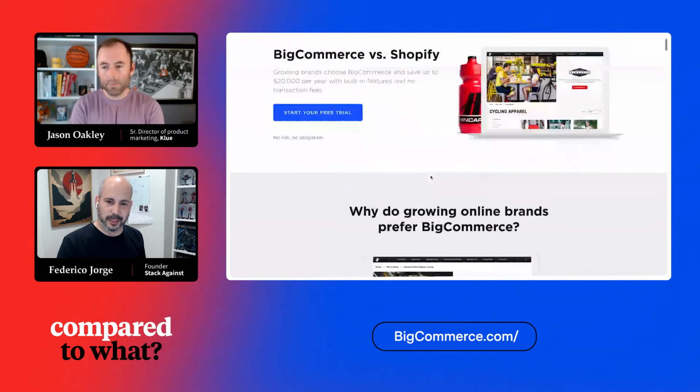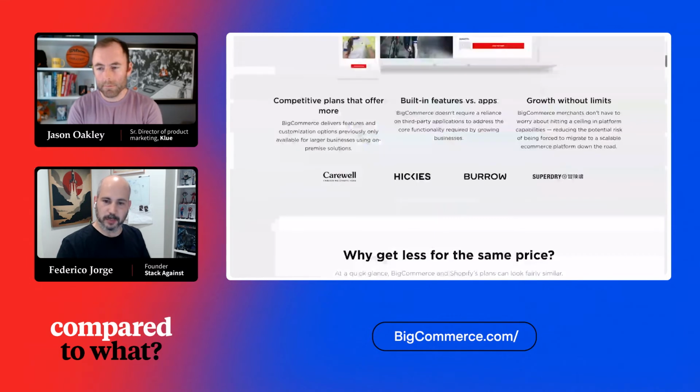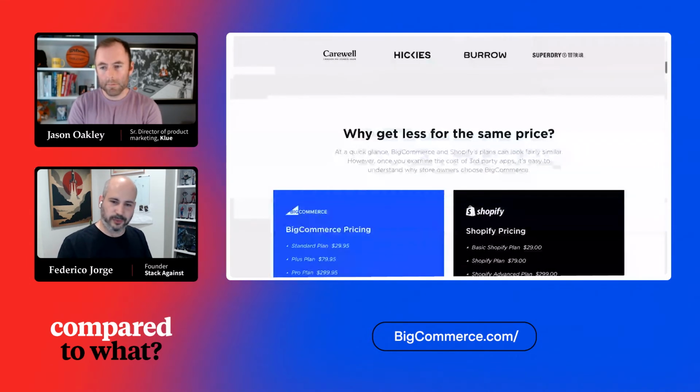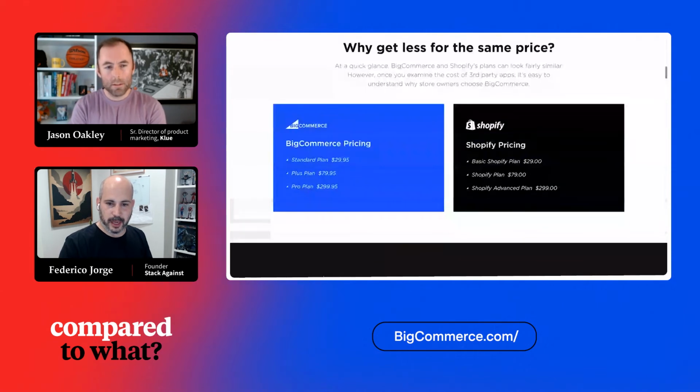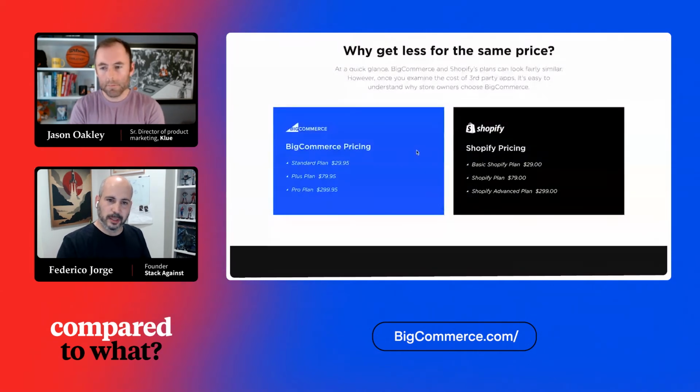So I think some of the elements on this page are more optimized for SEO than for conversion. For example, this big headline here, same as with Airtame, just tells you this is a BigCommerce versus Shopify page. I believe the reason is that they're sending signals to Google, right?